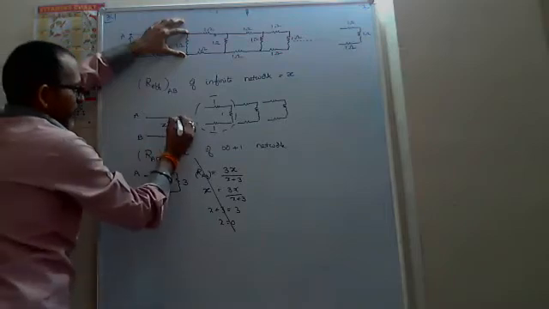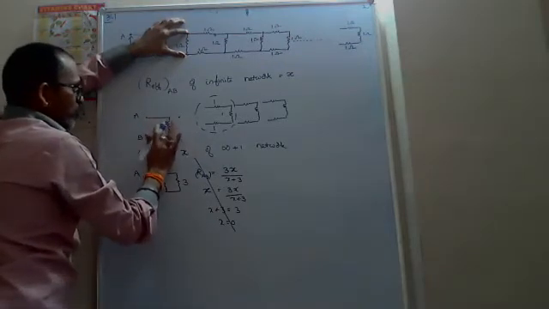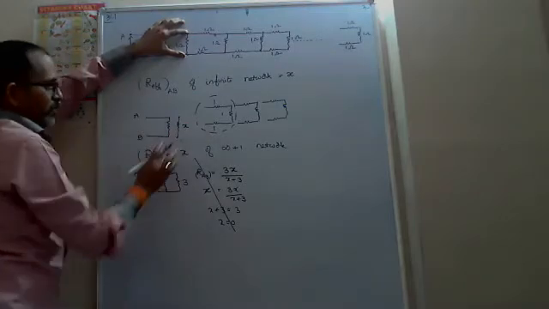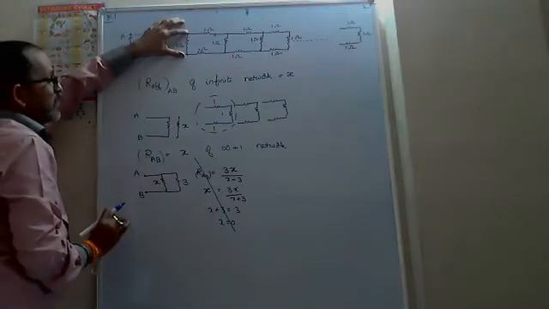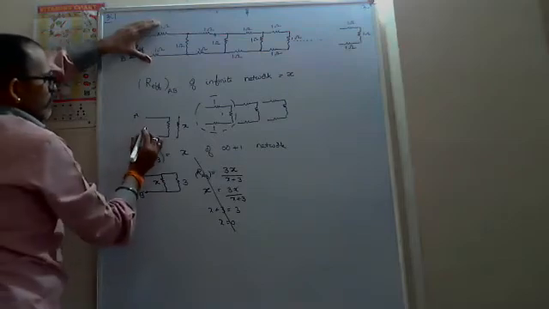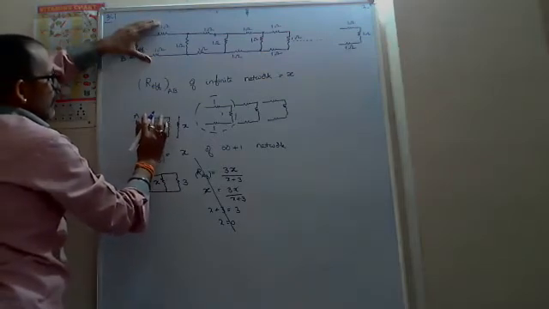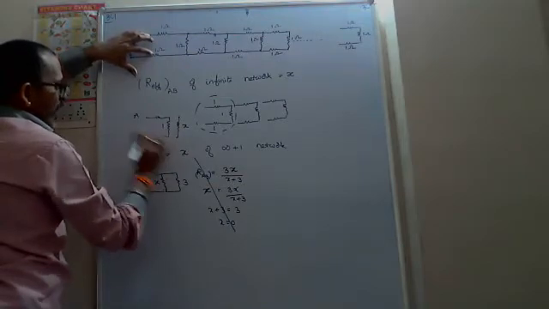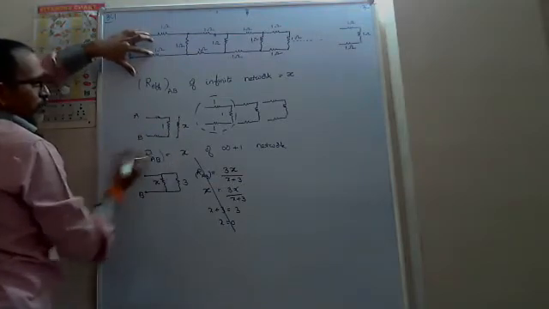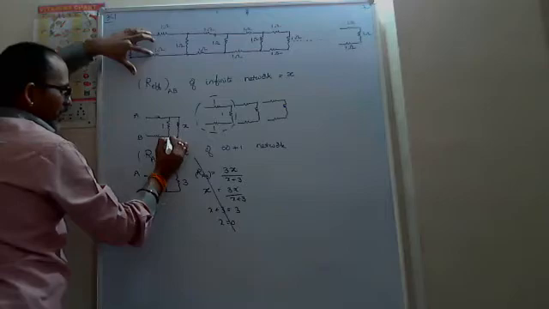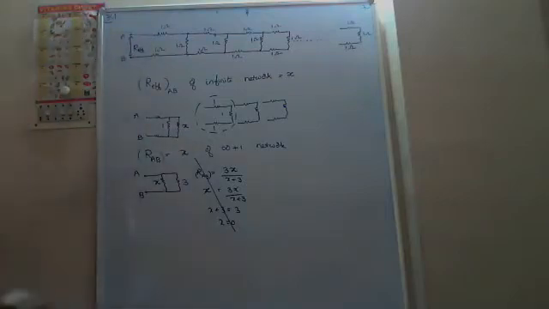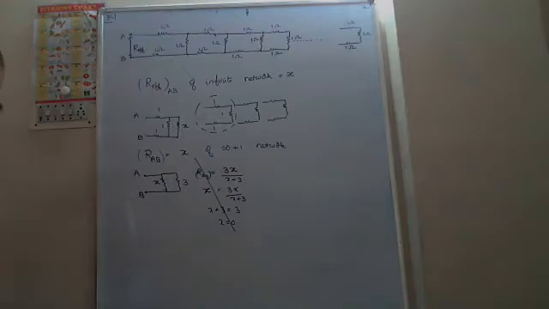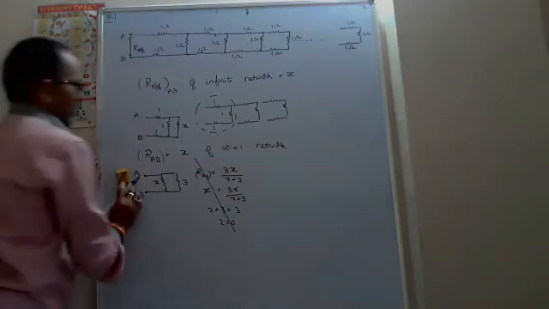Between those two points, the effective resistance is X. Now add one branch: take this branch now. What is this? 1, 1, and 1. So X and 1 are in parallel. I think now you understood the mistake. Now what will be the effective resistance?